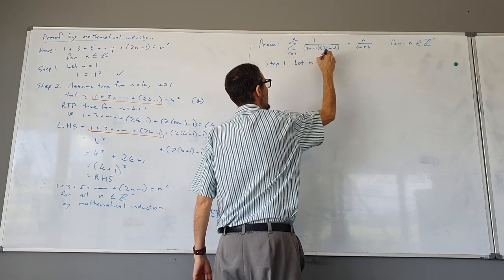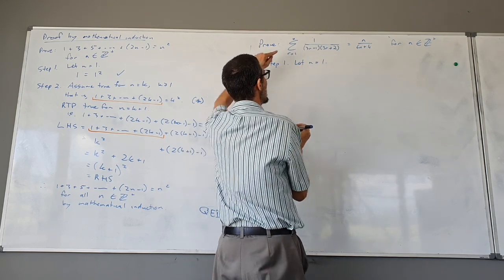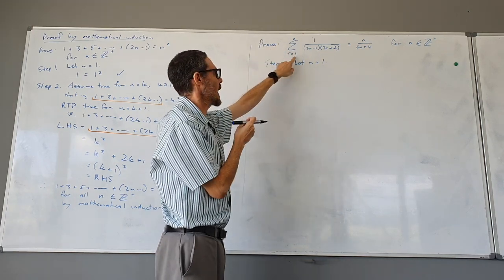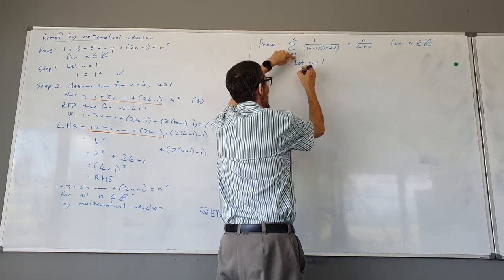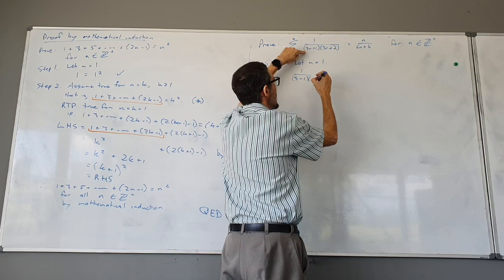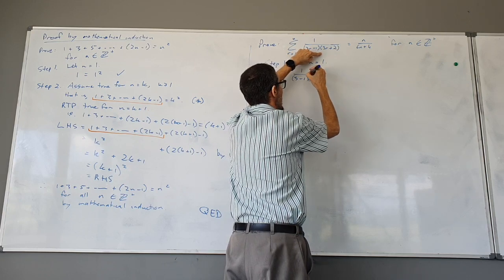Let n equal 1. What's my sum when n equals 1? I just have a single term with r being 1. 1 over 3 minus 1, 3 plus 2.